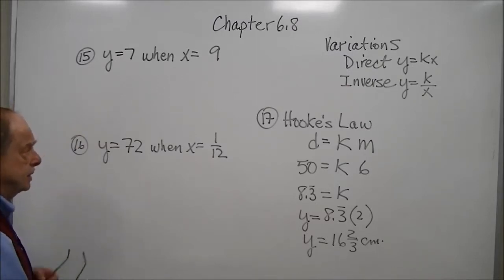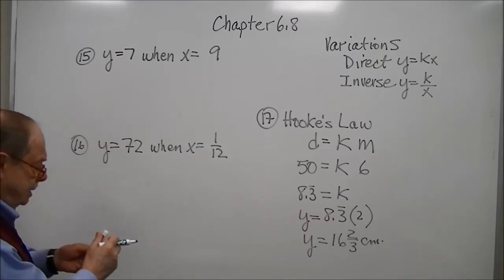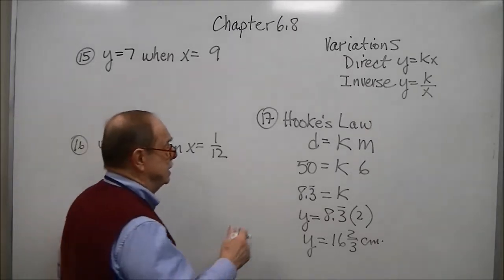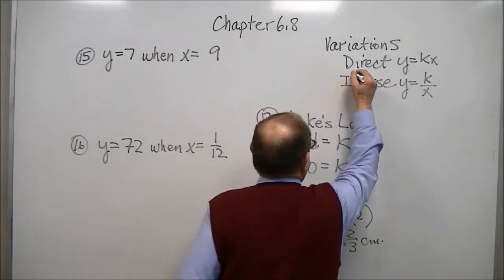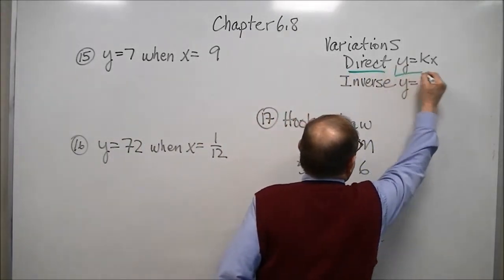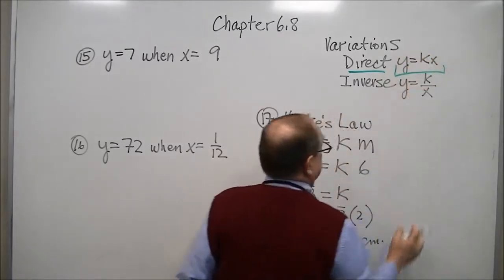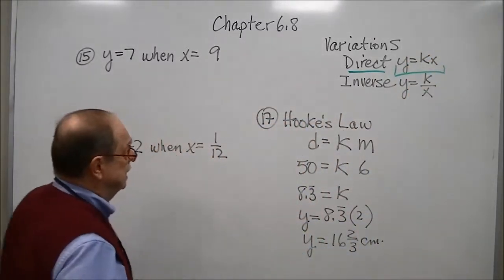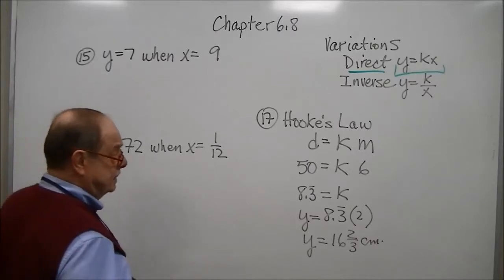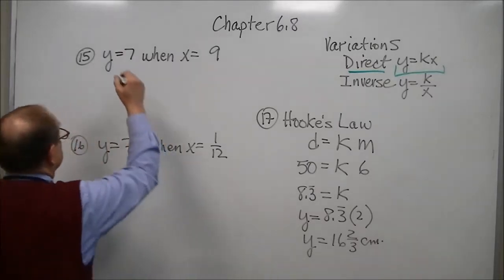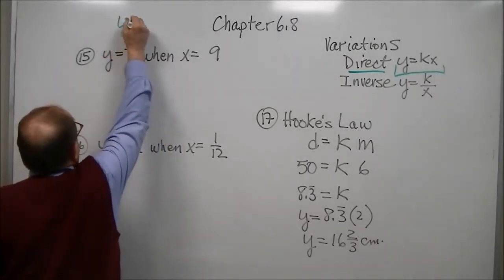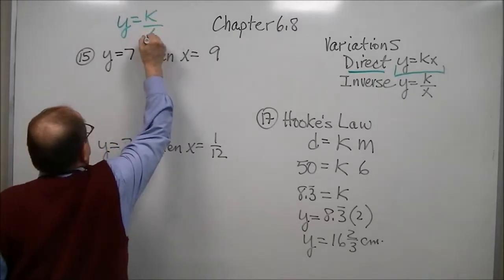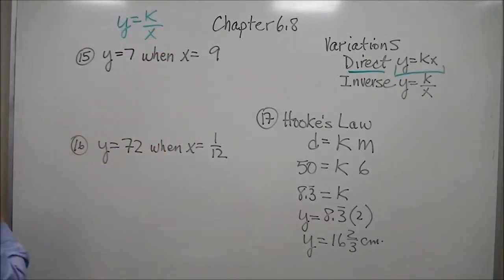And I don't know if I mentioned this before, but anytime they say they are dealing with direct variation, I strongly advise you to write this formula. And then anytime they say it's inverse variation, we'll write the formula y equals k over x.